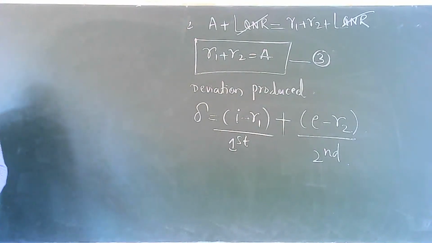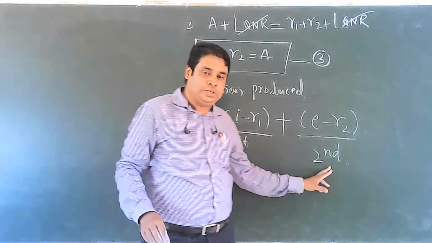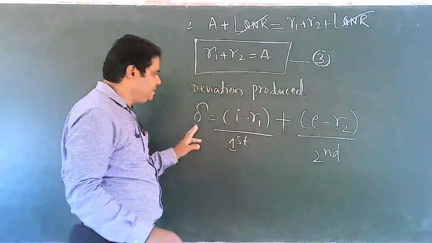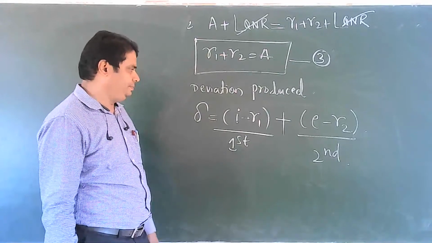Once again, this is deviation produced by first surface. This is deviation produced by second surface. This delta represents the total deviation.